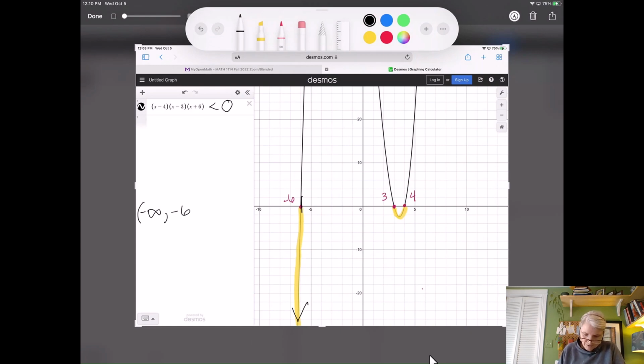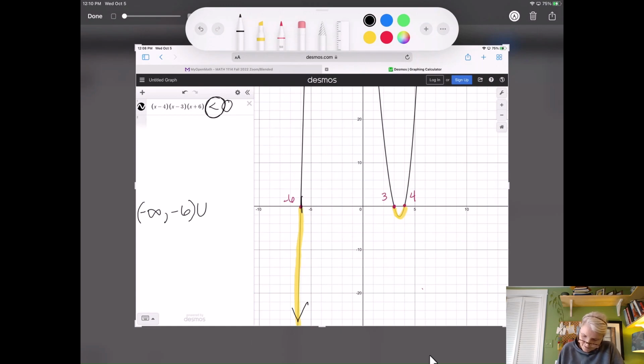Parenthesis with -infinity. Then we go back to look at our inequality symbol. There is not an equal sign underneath. That means -6 is not included in the solution set. So to show it's not included, we use the parenthesis instead of the bracket.